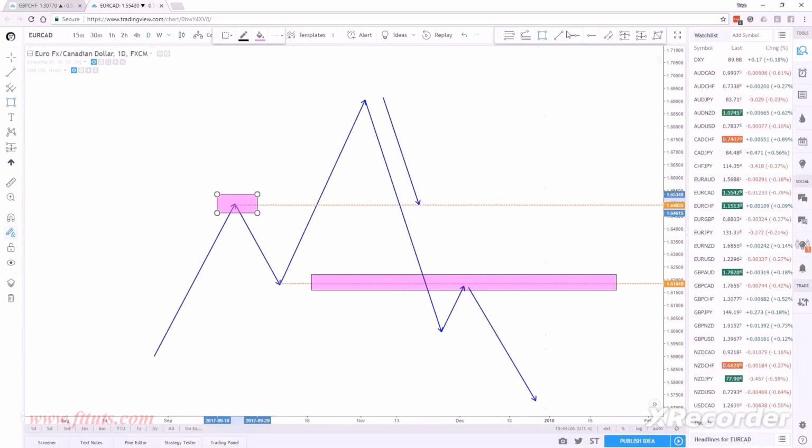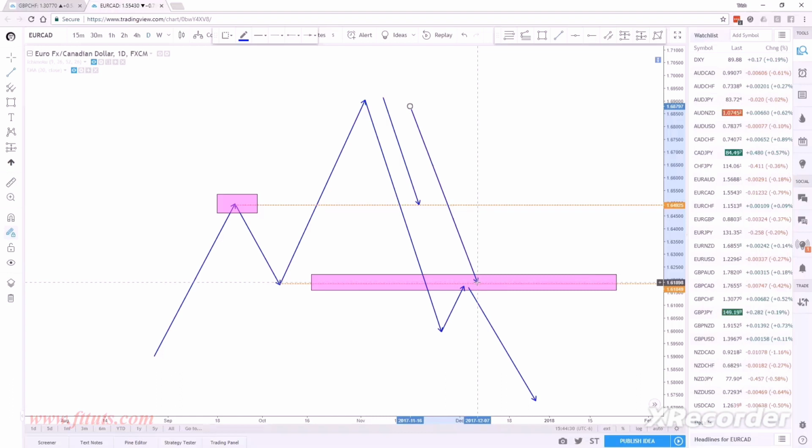Okay, if we get a pullback to this level, it's still not a downtrend because it hasn't broken this higher low. This could easily bounce back up, and this is what we call a deep retracement. This first type of retracement is a normal retracement. That's where we're looking at our 61.8 and our 78.6 type of Fibonacci extensions and continuations.